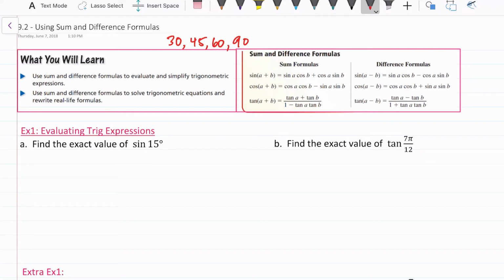Usually you don't have to use the 90, 120, 135, 150, 210, 225, 240, and then fourth quadrant, 300, 315, and 330. And you don't usually have to use those.